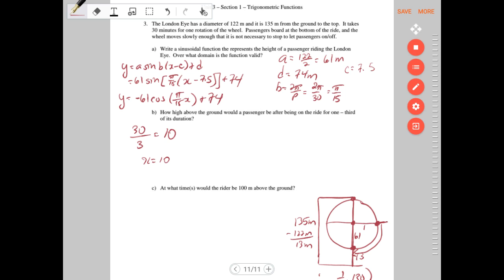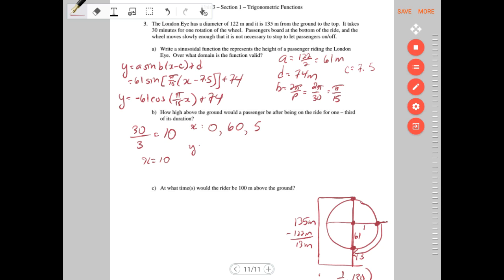Don't forget to change your window settings so that you can see your graph. I can suggest window settings of x min is 0. We'll go for 60 minutes just to give you a couple of cycles there. And you probably want to scale it at about 5-minute intervals. That's your x scale.